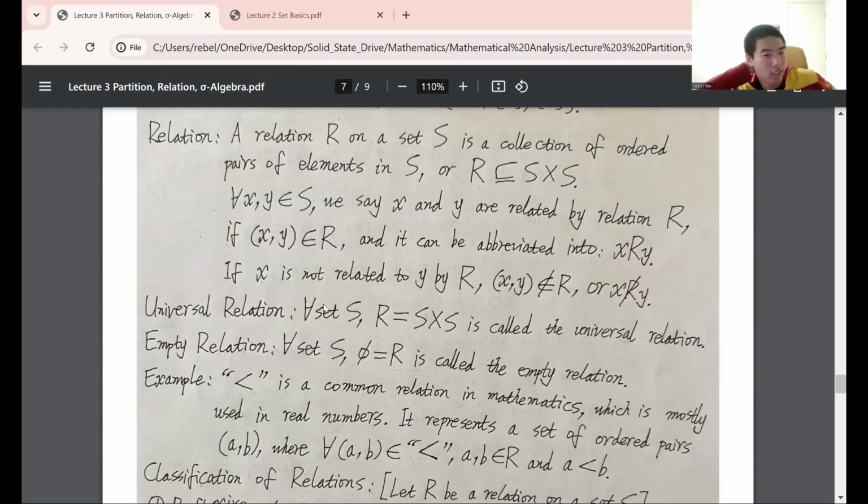Okay, so for the last 10 minutes, let's finish with relations. I don't know if I have time to talk about it, but relation is very important. Relation is also an abstract idea.